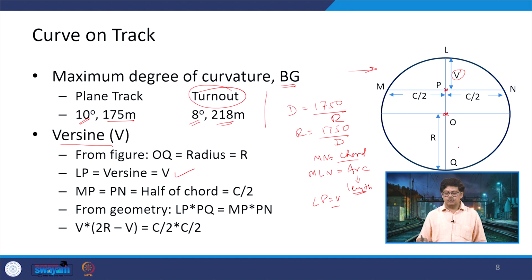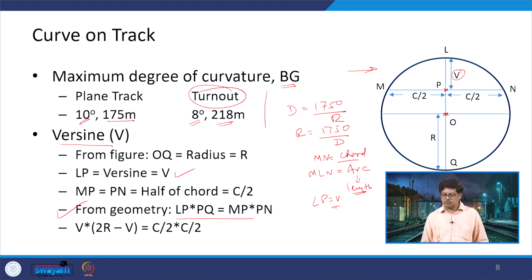Now, let us go back and look at the geometry here. In that geometry, if we take LP and PQ, the multiplication of these two is equal to MP and PN. This is from the curve geometry. So, LP into PQ is equal to MP into PN.